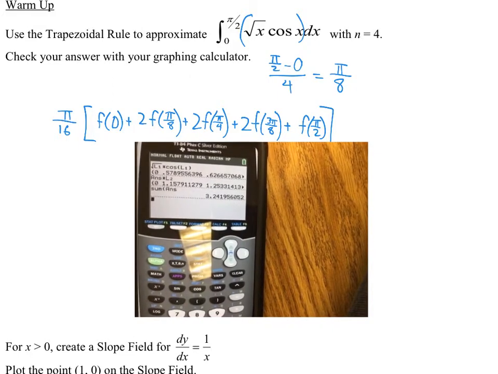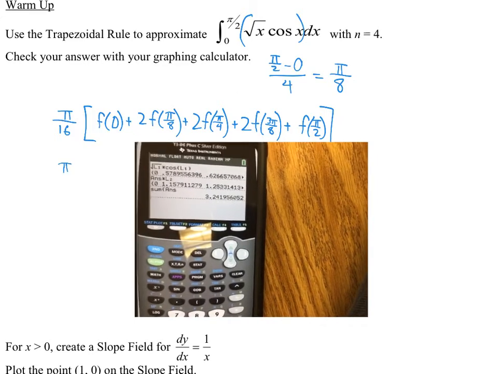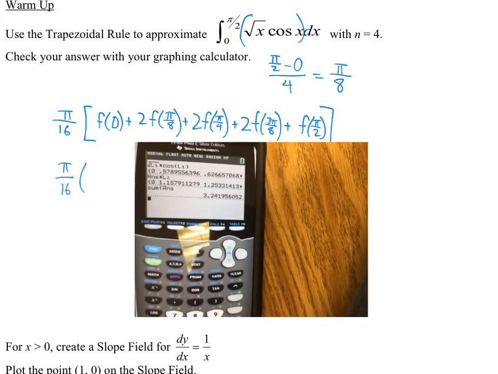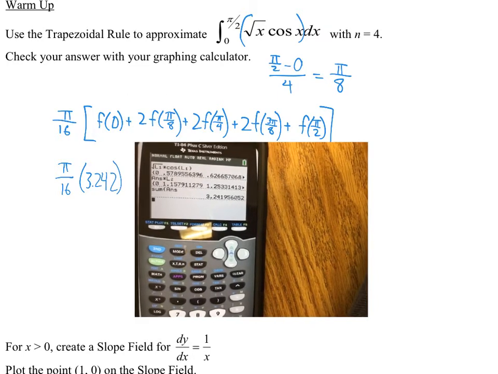Now I multiply that. So what I have at this point is pi over 16 times 3.242.